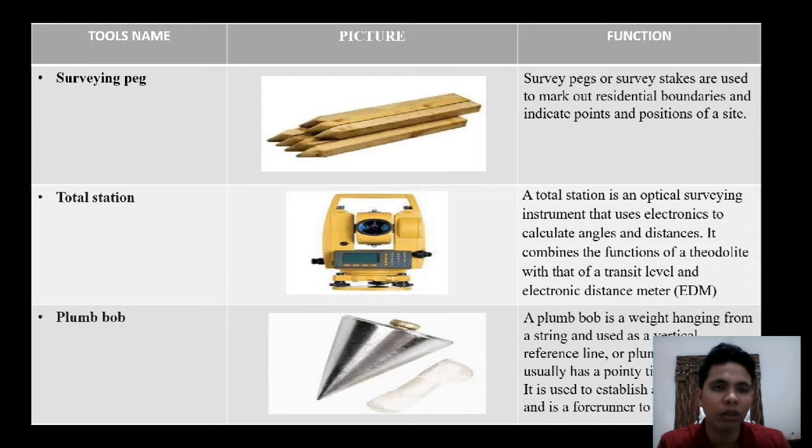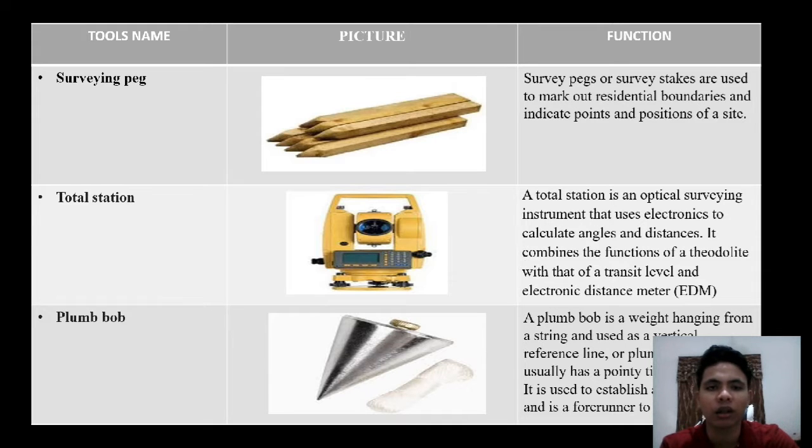And the fifth one is the total station. A total station is an optical surveying instrument that uses electronics to calculate angles and distances. It combines the functions of a theodolite with that of a transit level and electronic distance meter, or EDM. And the sixth equipment is a plumb bob.